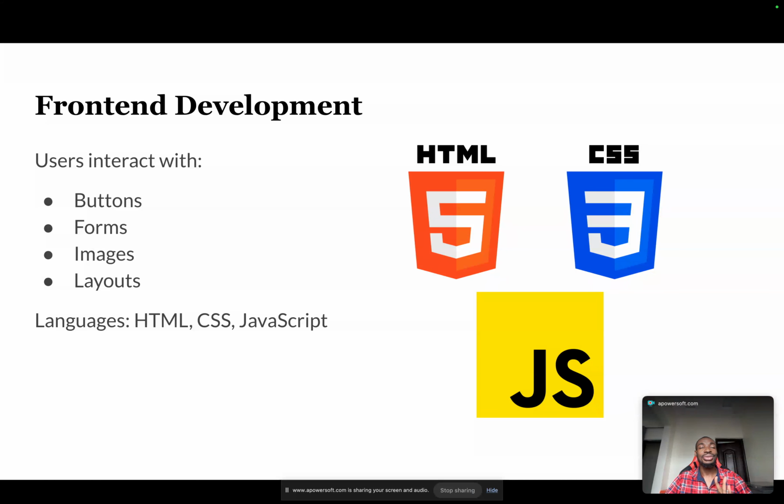Now, front end development has to do with things that you can see on a website. So when a user gets on a website, what are the things that the user can see? So you have things like buttons, forms, images, layouts. So these are things that the user can see and interact with. Now, we have three major building blocks for web development, and these include HTML, which stands for Hypertext Markup Language, CSS, Cascading Style Sheets, and JavaScript.